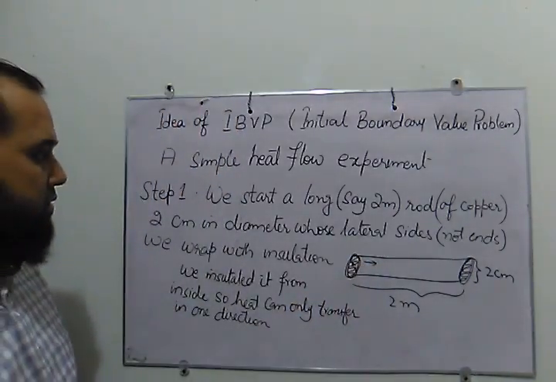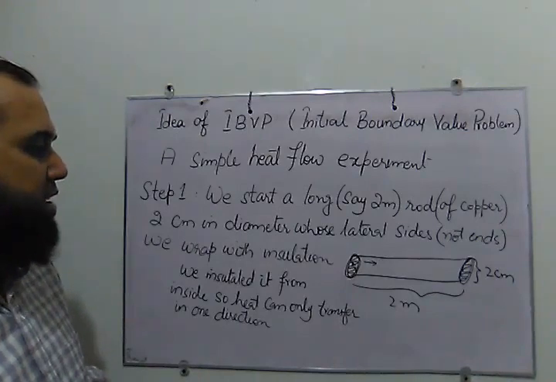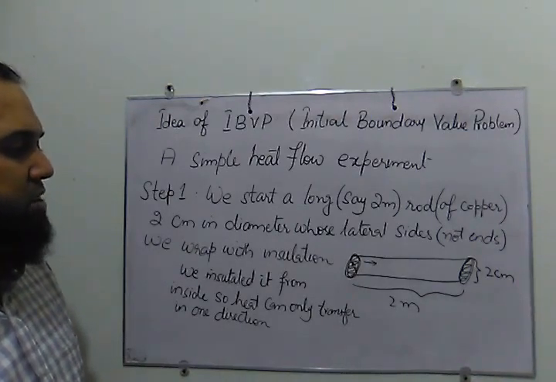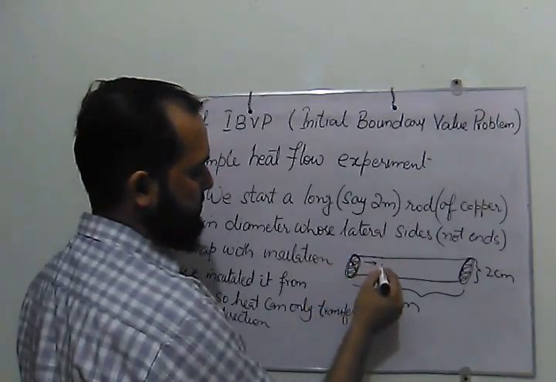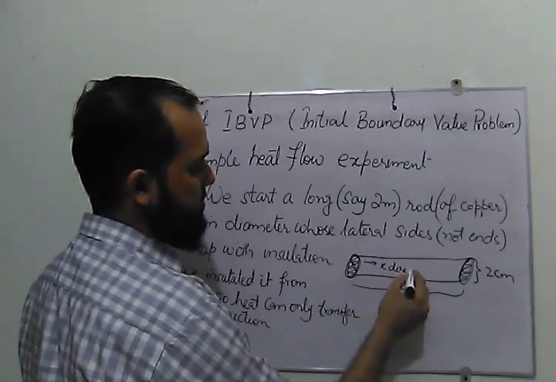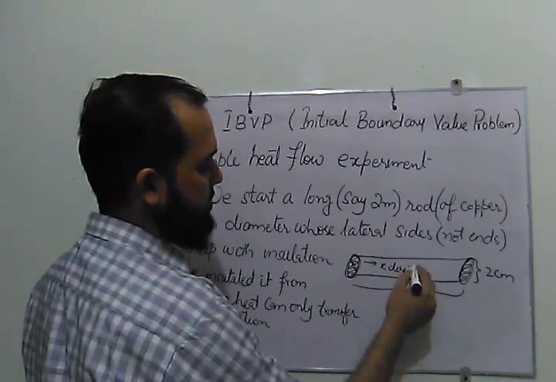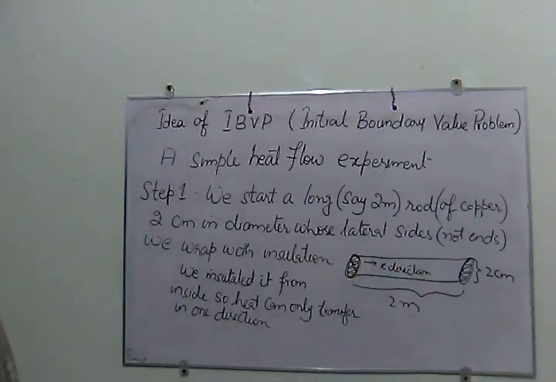Which means that in the lateral direction, heat cannot transfer. Heat can transfer only in the x direction. This is step 1, that we took a hollow tube and insulated it.